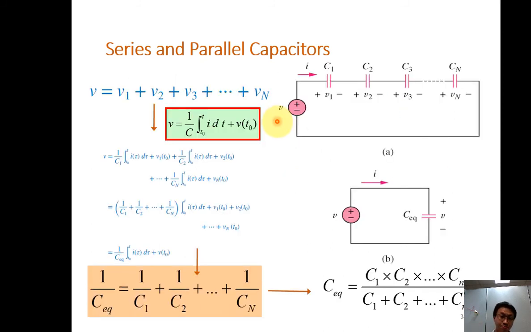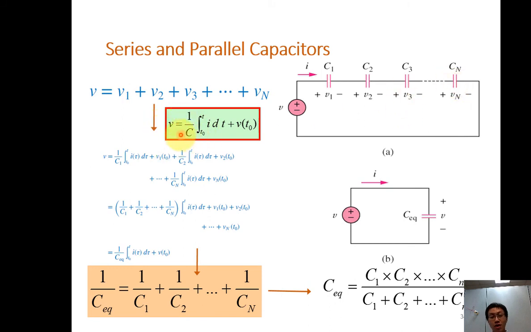So what about series connected? A voltage source is connected to the series capacitors C1, C2, C3, up to Cn. So I use voltage as the starting point. My total voltage supply equals V1 plus V2 plus V3 plus Vn.